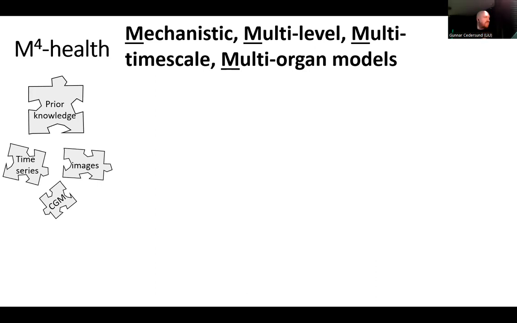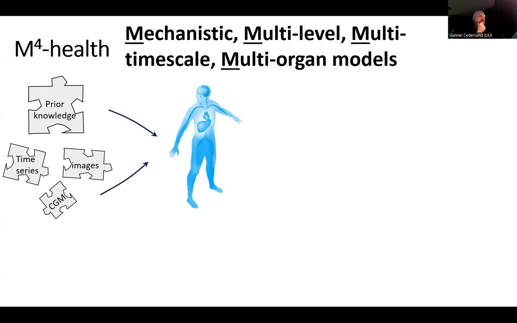And we create these models by combining prior knowledge about what happens in the system with all sorts of different types of data, images and time series and continuous glucose monitoring, which allows us to continuously update models and basically incorporate all that we know, both in terms of knowledge and in terms of data, into a digital twin.